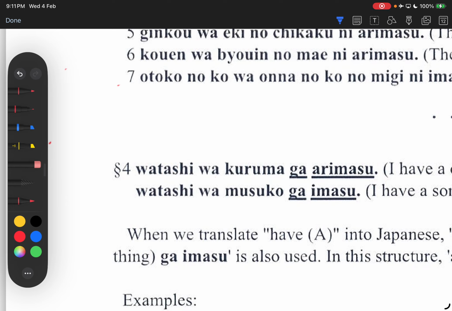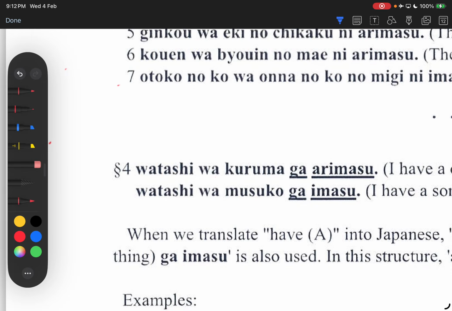Different. This is my car versus I have a car. Both mean possession, yes. But the way of phrasing is different. Same as English. You tell me what is the difference between I have a car and this is my car. No difference, right? So yeah, it's just a different way of saying it.